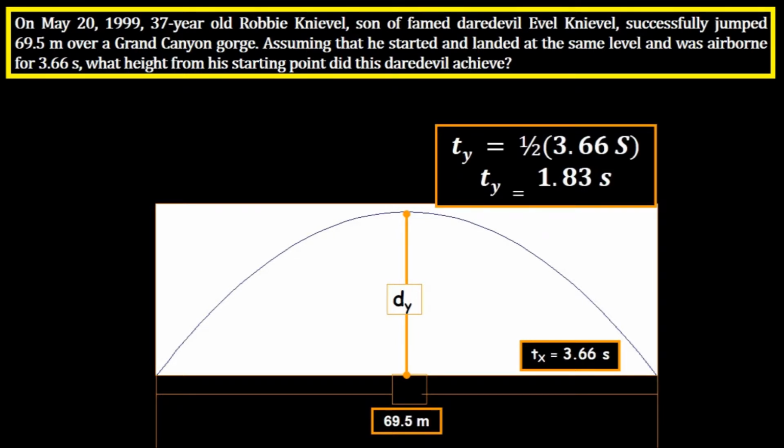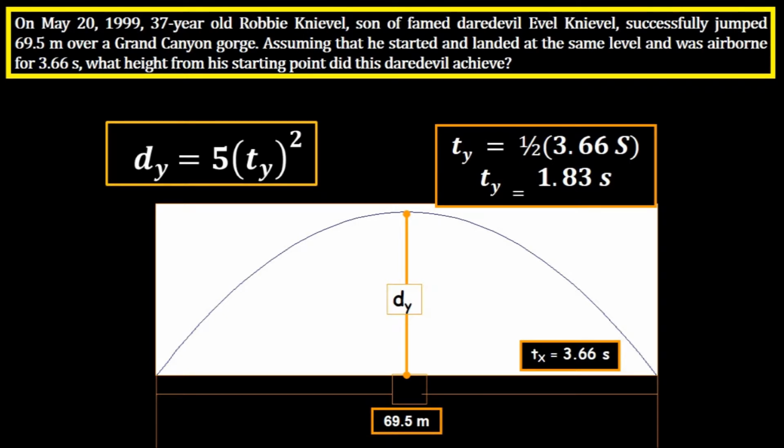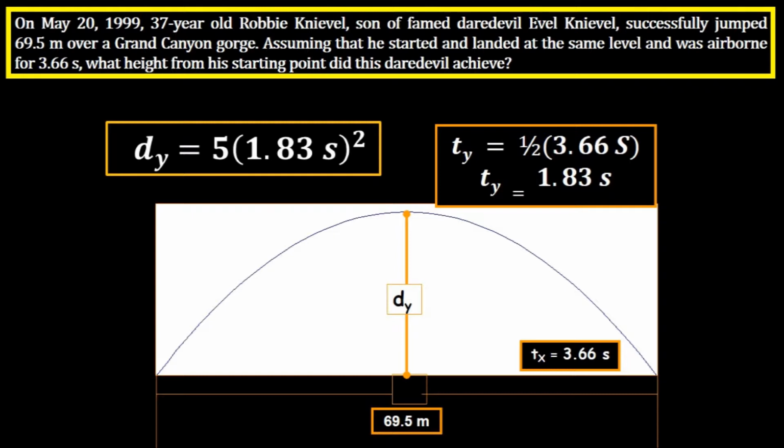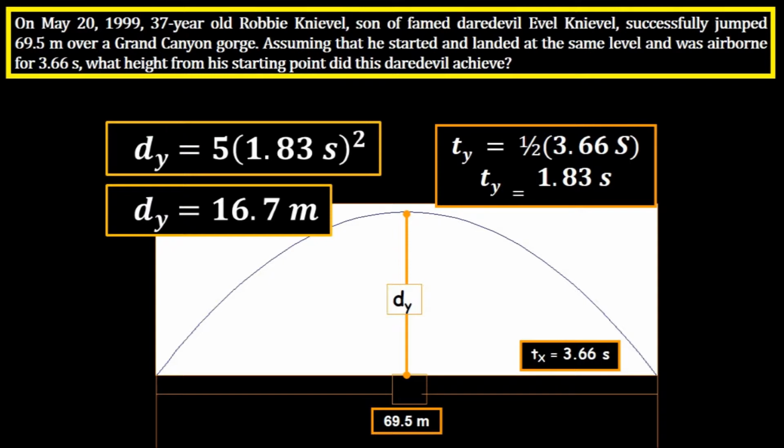That's going to be 1.83 seconds. And then we're going to plug that into the equation dy equals 5 ty squared. Why that? Because if he's at the max and he fell, he would fall 1.83 seconds from rest. That's kind of a quick way of doing it, especially if you don't have the initial velocity. So the dy is indeed 16.7 meters.